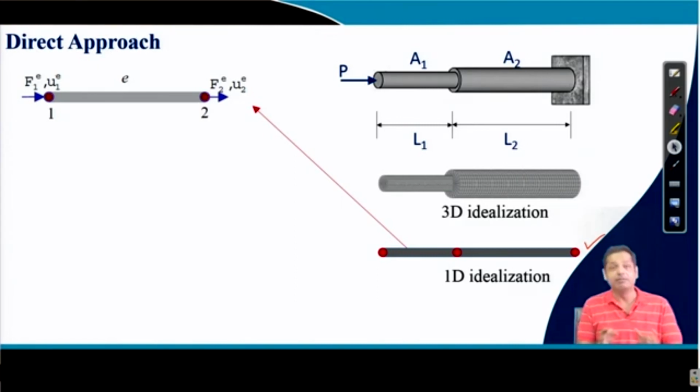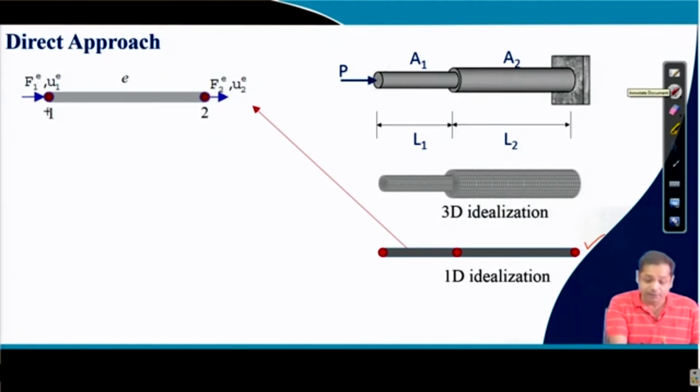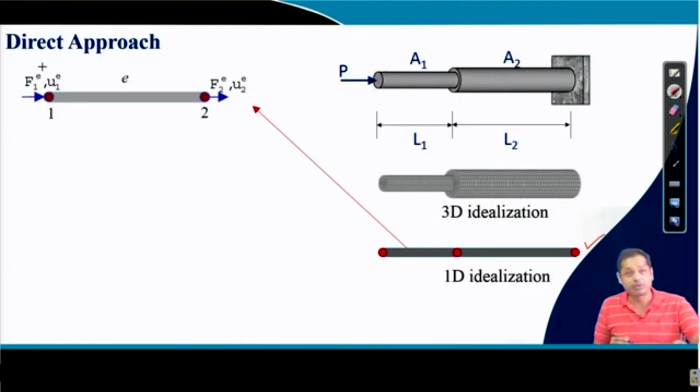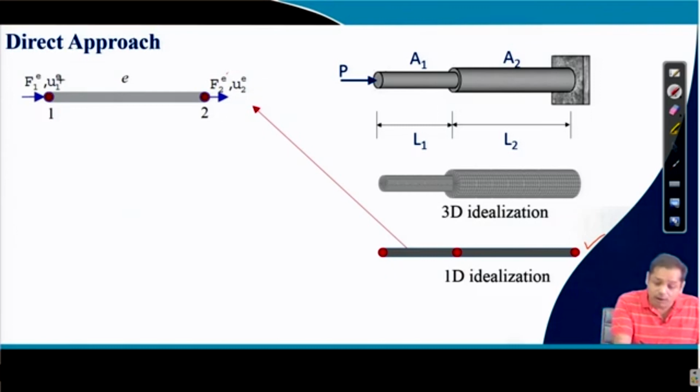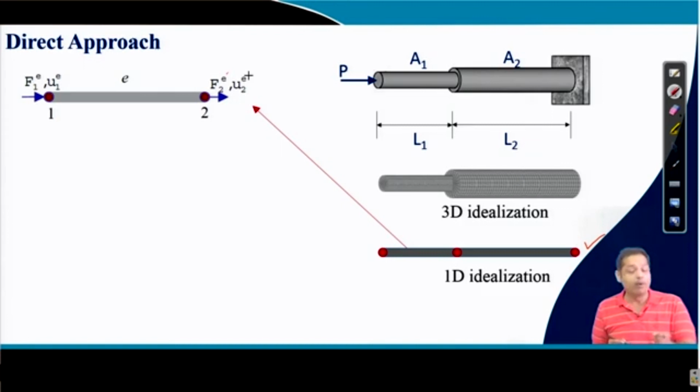If the arbitrary element is named E, which is a two-node element with nodes 1 and 2, then F1 superscript E is the force at node 1, and the superscript E means that this force belongs to element number E. Similarly, F2 superscript E is the force at node 2. U1E and U2E are the degrees of freedom at node 1 and node 2 respectively.